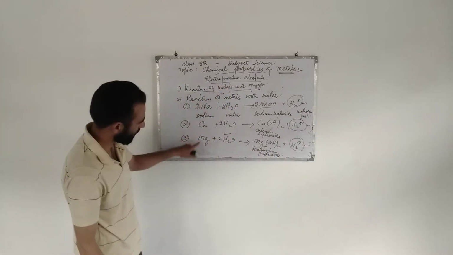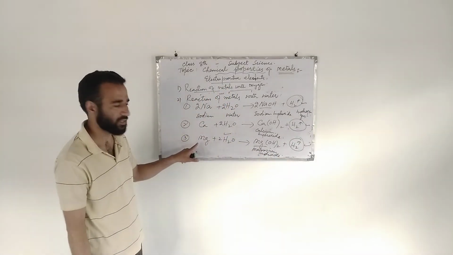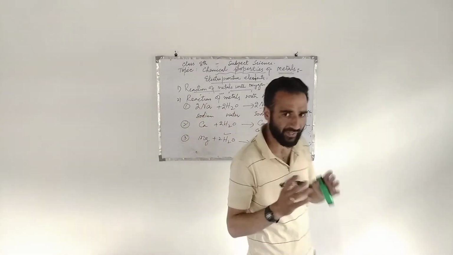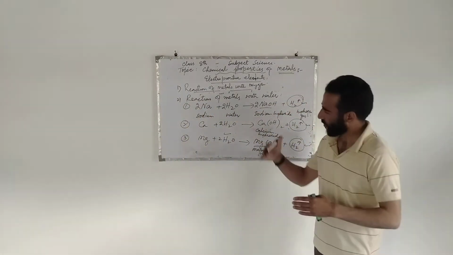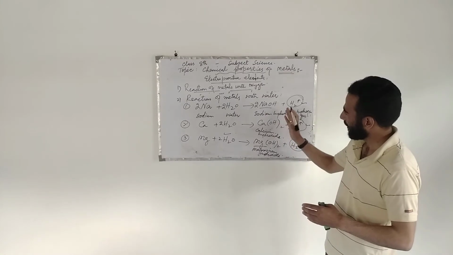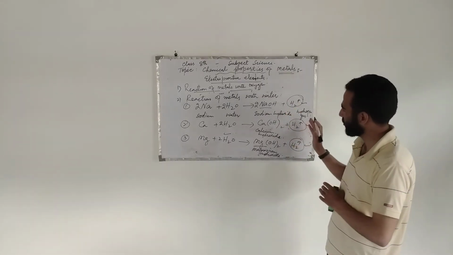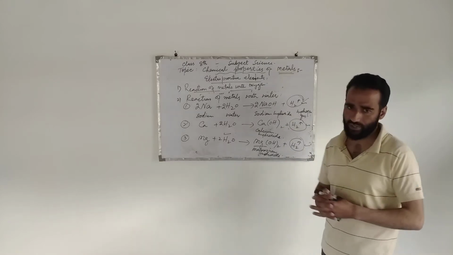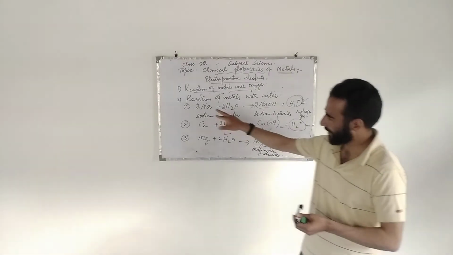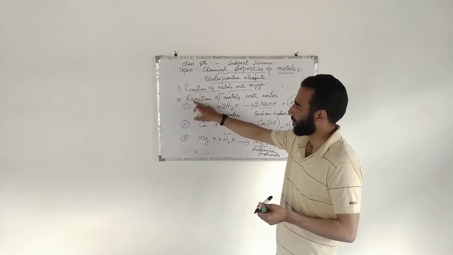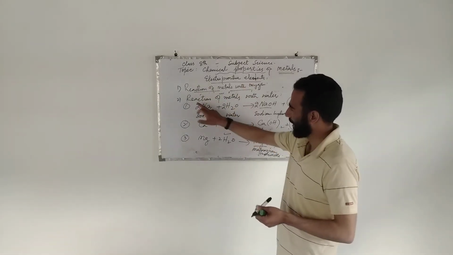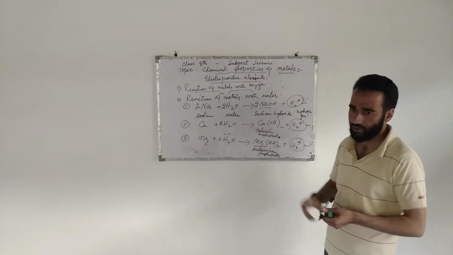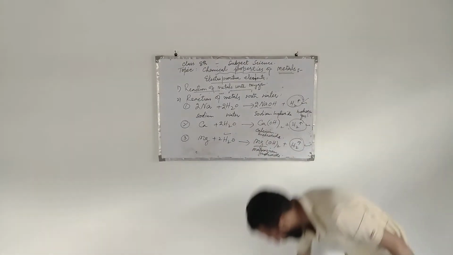So in all these three examples we have seen that whenever a metal combines with water, it forms hydrogen gas, and their hydroxides are also formed. This is the second important chemical property of metals, that metals combine with water and produce hydrogen gas.